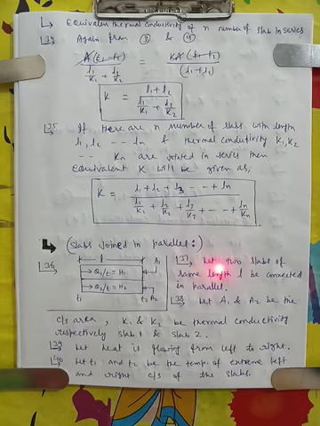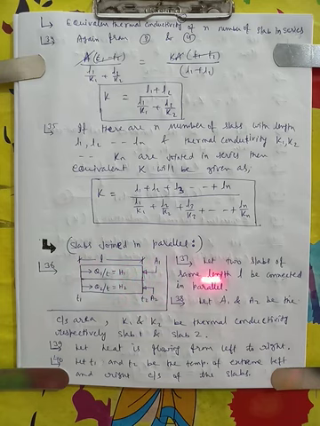Now we will see, if slabs are joined in parallel like this, what the rate of heat flow and equivalent thermal conductivity will be. There is no question of interface temperature here, because these are parallel, so there is no interface where the temperature will be different.